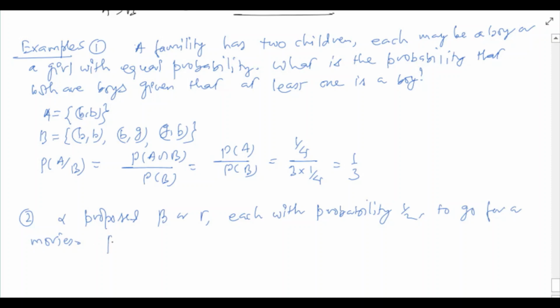Person beta accepts a proposal with probability half, and gamma accepts a proposal with probability 1 by 3.